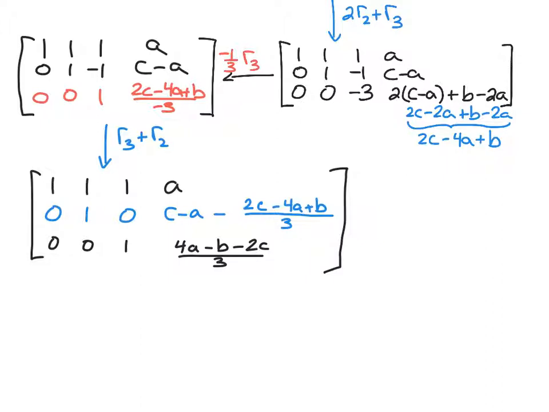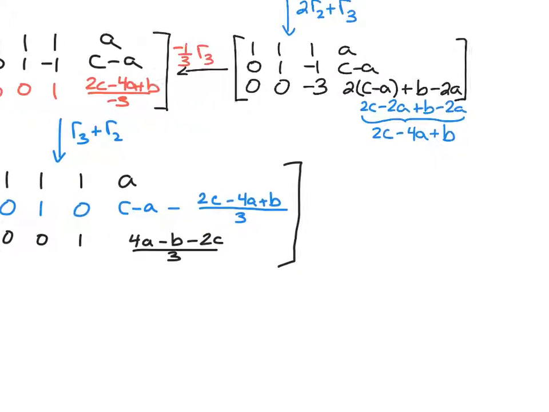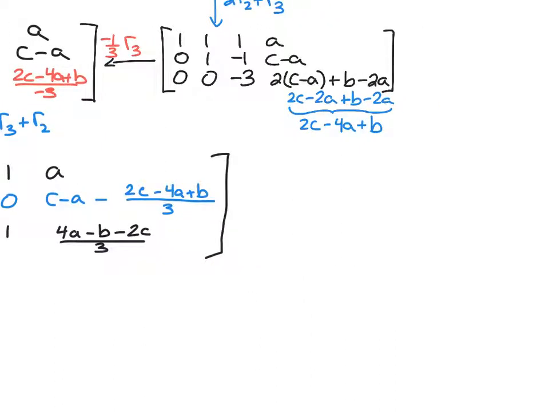But on the side we could just do the work to clean it up and then just leave it in the matrix the way it is. So with a common denominator, I'd be looking at 3C minus 3A minus parentheses 2C minus 4A plus B all over 3.